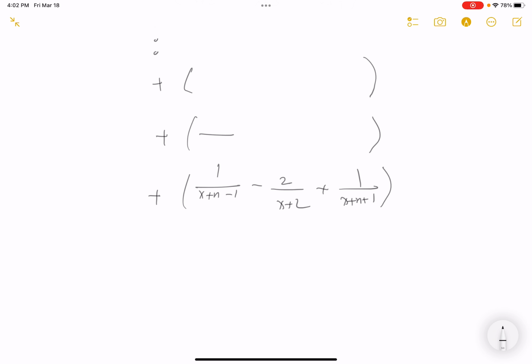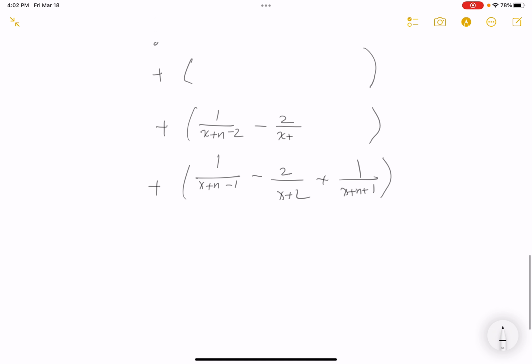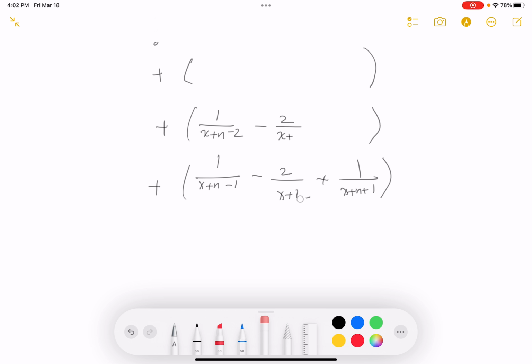And what do you get before this guy? You get 1 over x plus n minus 2 over x plus, did I make a mistake there? Oh, it's x plus n, I'm sorry. That's just sloppy, isn't it?